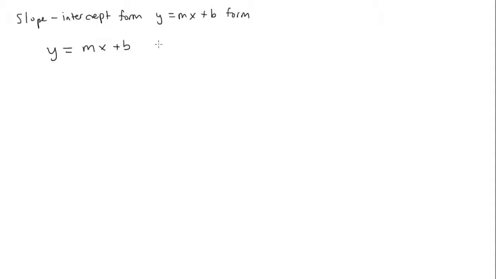So the equation will be in this form, and m is, as before, the slope of the line, and b is the y-intercept.